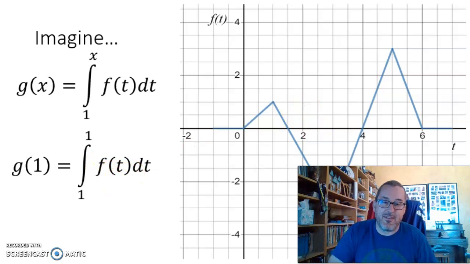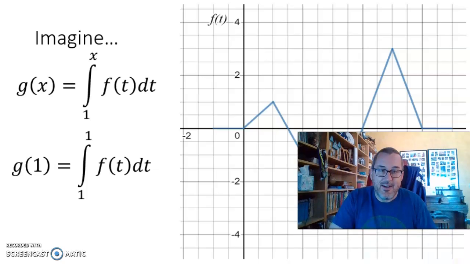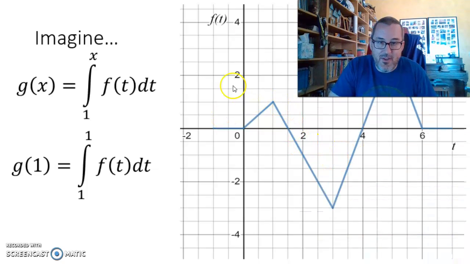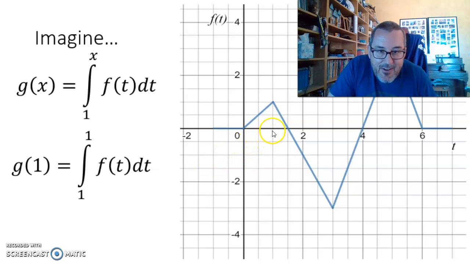Now, just for the sake of discussion, let's have an actual function to work with here. Here's one. I just made this up. Crazy function. All these little piecewise linear segments just for the sake of our discussion here. And so x equals 1 would be right here. So imagine g of x is going to accumulate the area under the curve between 1 and whatever input you pick. I'm picking 1.